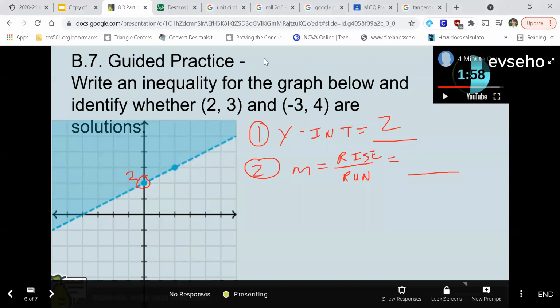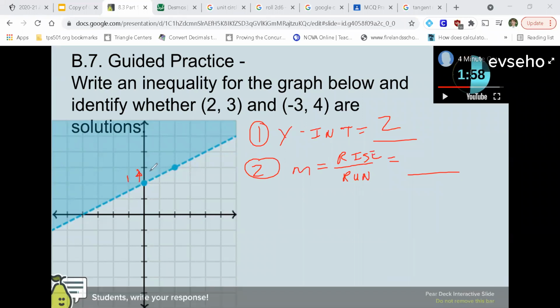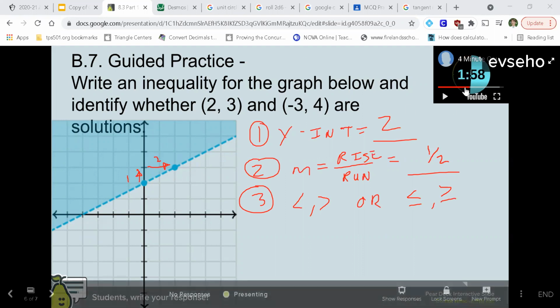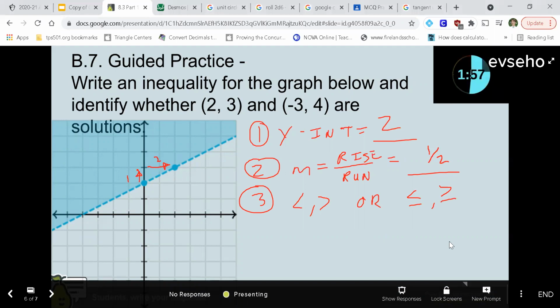Yep. All right, what's the rise over run again? 1 over 2. You go up 1, over 2. Okay. Third, are we going to do less than, greater than, or is it less than or equal to, greater than or equal to? Do we include the line under the inequality symbol? This one, just 28 seconds.